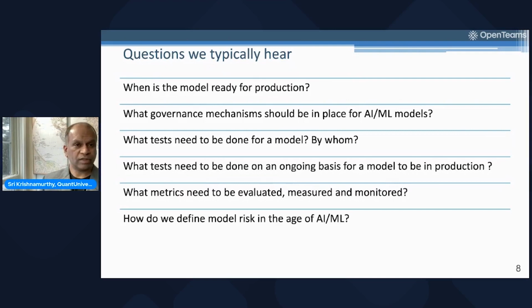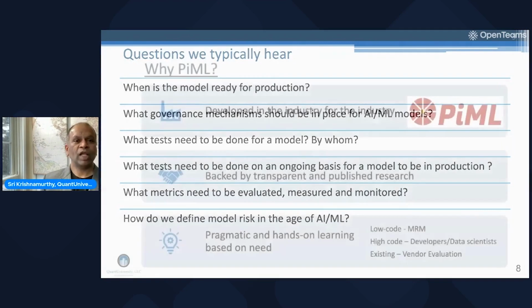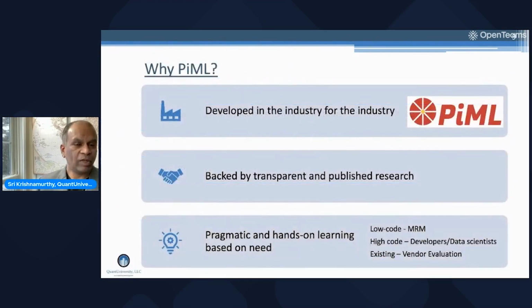And that's where there's a huge appetite for learners and practitioners who are interested in integrating workflows so that they can coherently integrate these questions and make sure that they're bringing up the right answers. And that's where I think PiML has a place, and it has a wonderful ecosystem of developers and researchers who have put together this amazing package.